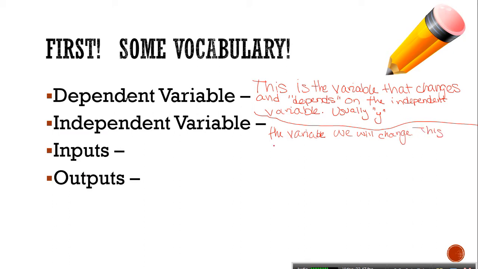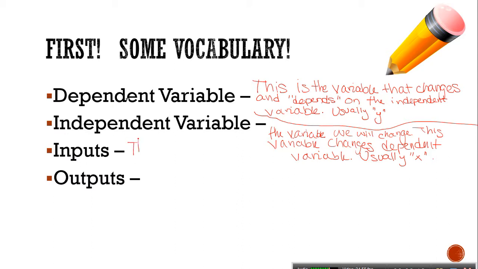This variable changes the dependent variable. Now, we usually call it, though not always, x. So our x is our independent variable and our y is our dependent variable.